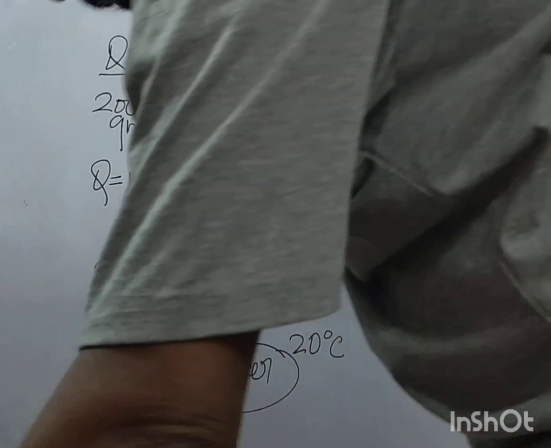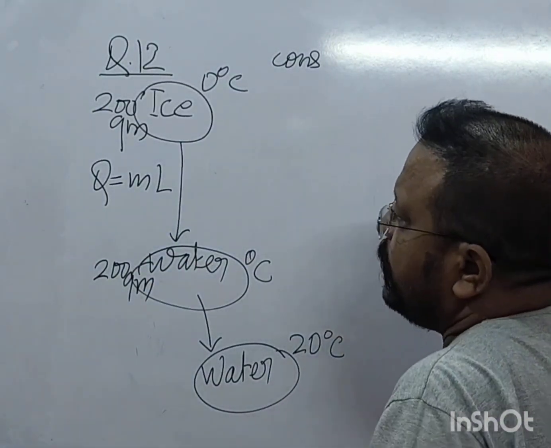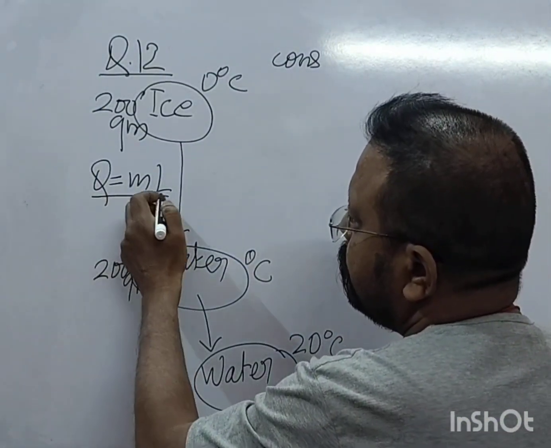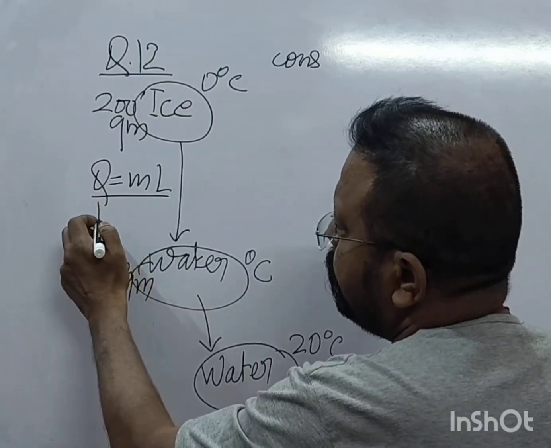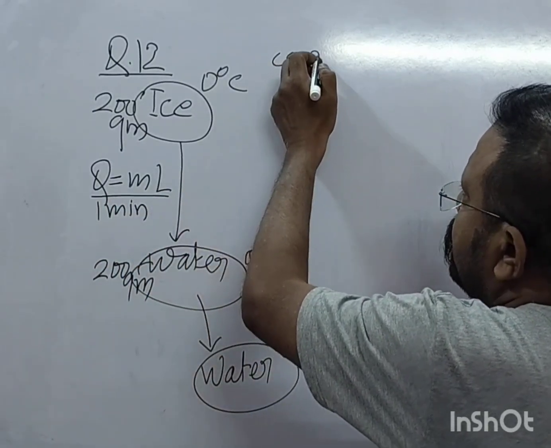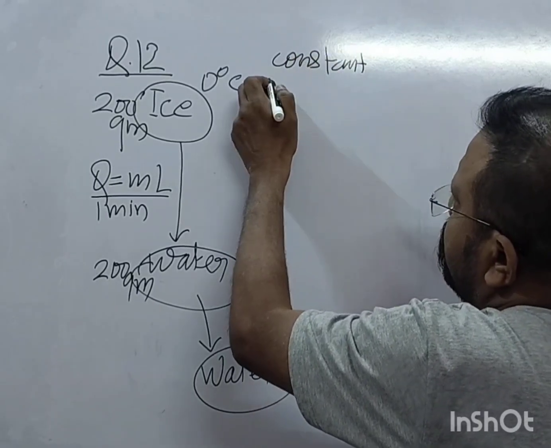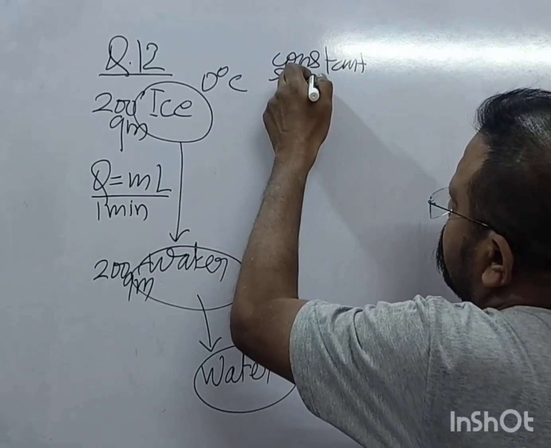Look, it is saying this much conversion in 1 minute, right? So constant supply of power.